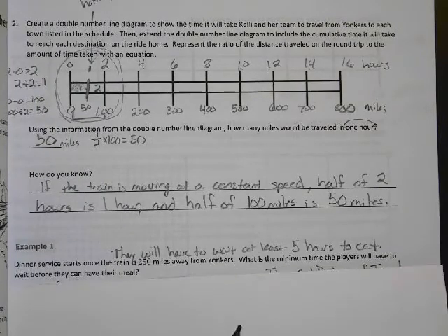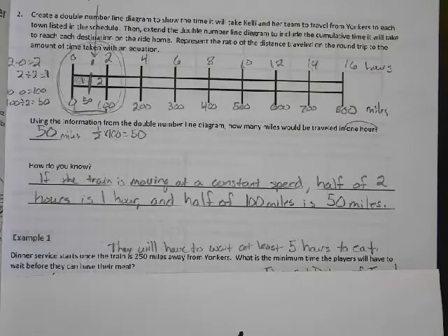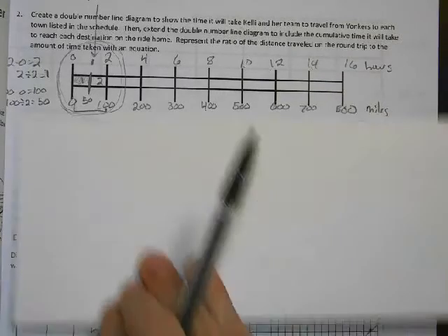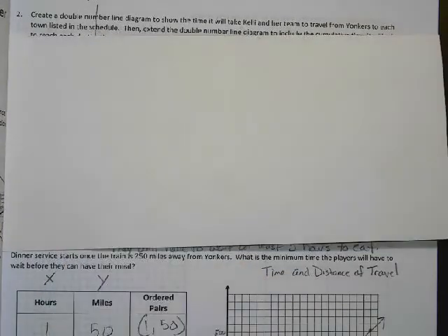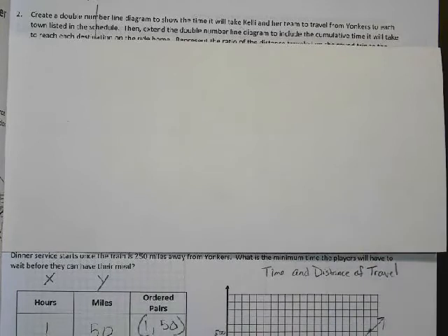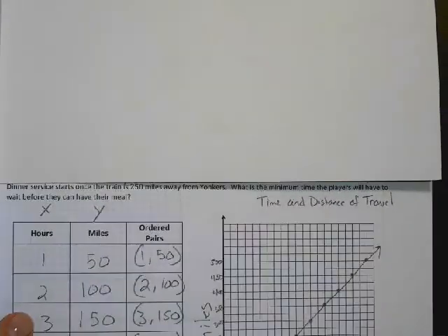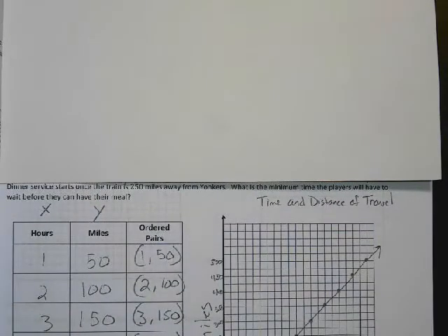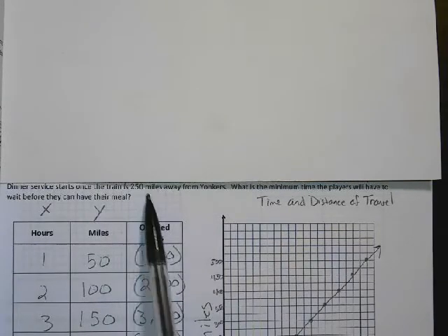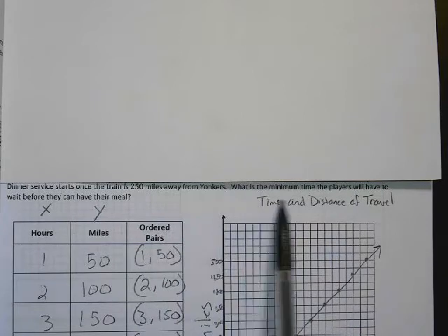Down below, we're actually going to create a coordinate plane given specific information. So it says that dinner service starts once the train is 250 miles away from Yonkers. That's the minimum time that players will have to wait before they can have their meal.